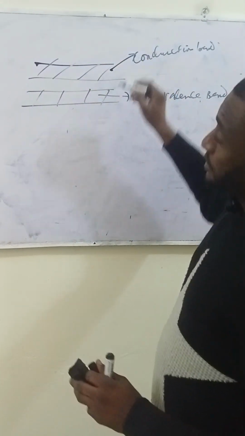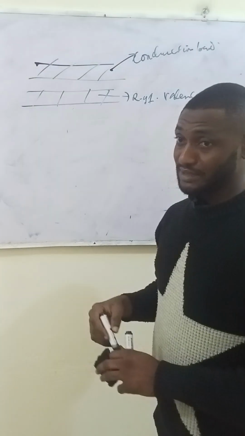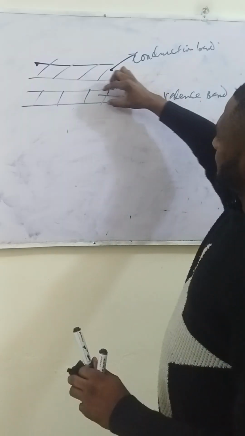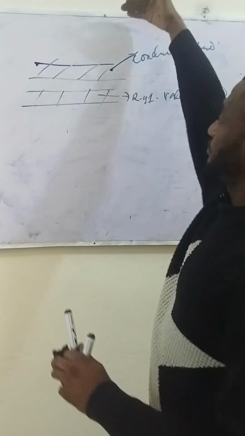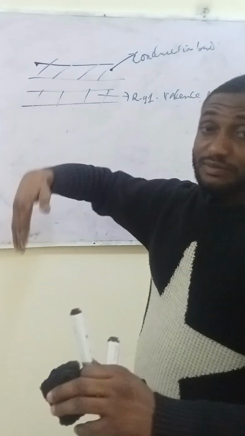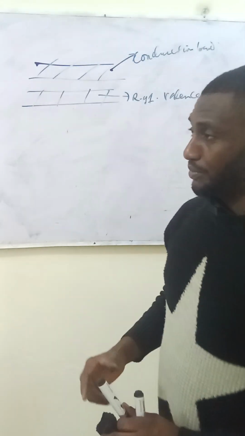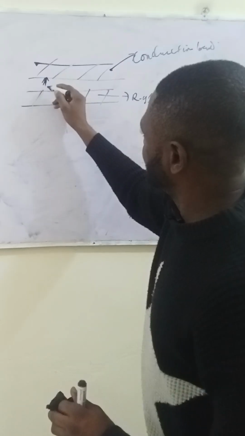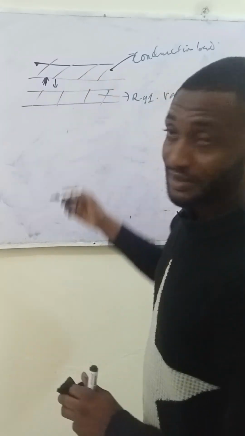When we heat up this material, the atoms here can be excited and move to the other side, and then conduction kicks in. So there's a little magic that happens within this gap.